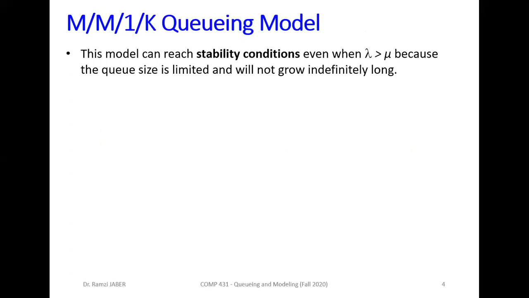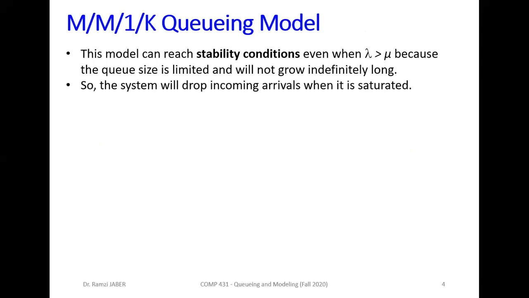Now, this model can reach stability conditions even, listen carefully, even when lambda is bigger than mu, because the size of the queue is limited and will not grow indefinitely long. We don't have infinity here.